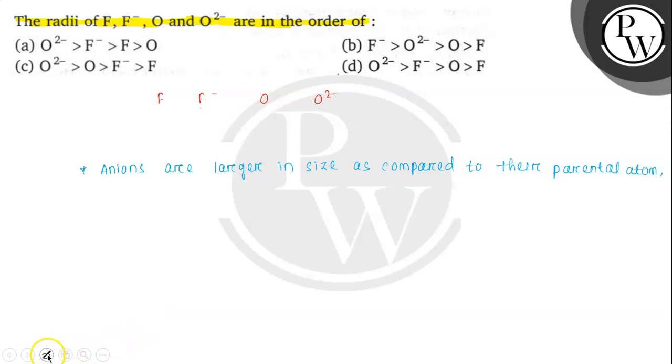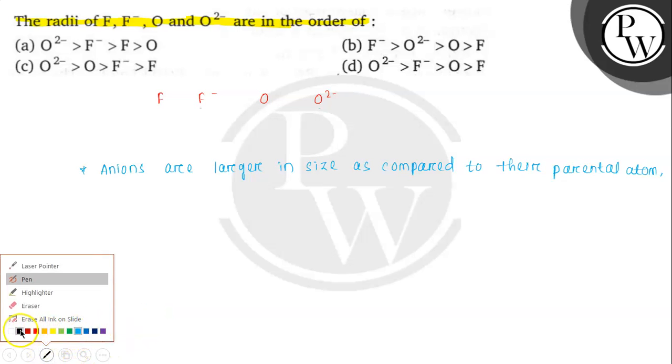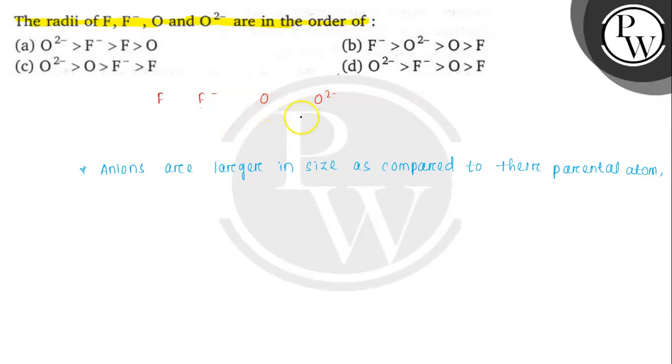So now we'll decide which will be larger. First we have F negative and O2 negative. So here F has 10 electrons and 9 protons. Oxygen has 10 electrons and 8 protons. So here 9 protons, 10 electrons and here 8 protons and 10 electrons.